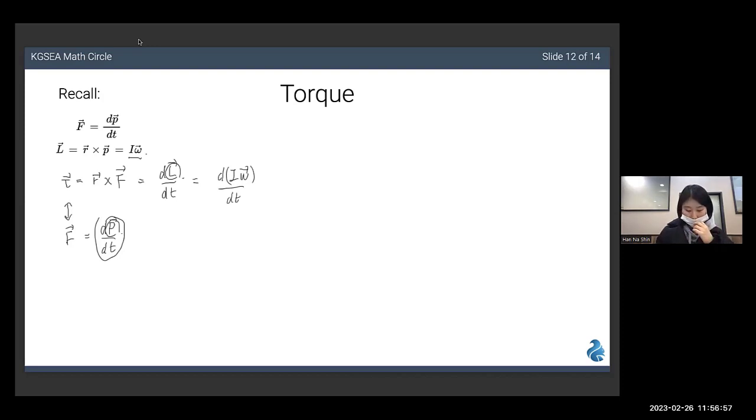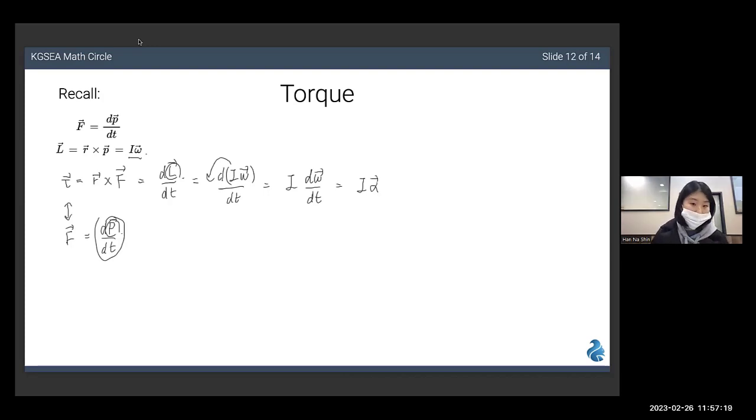And because we know here that L is I omega, I is just constant, so we're going to bring that out. d omega dt. And we know that d omega dt is just change in angular velocity, and that's just angular acceleration. So let's also write that denoted as alpha.